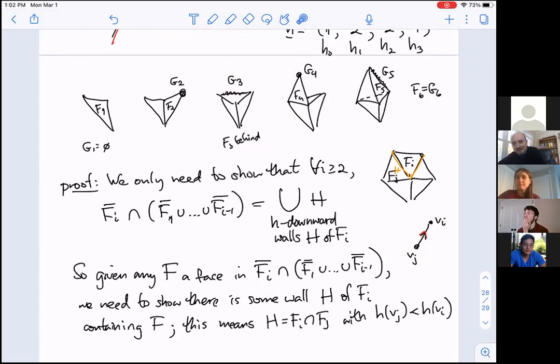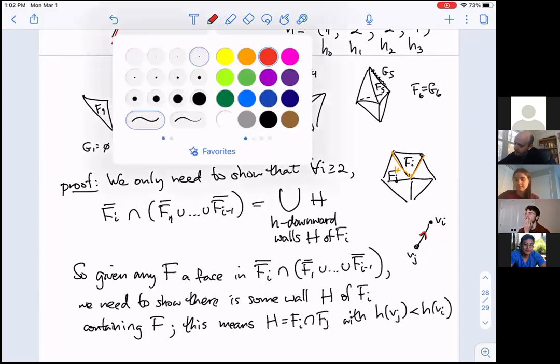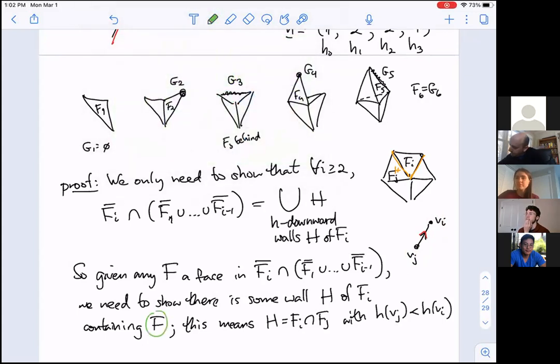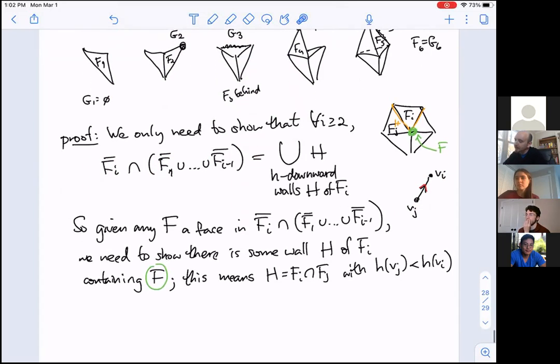Okay, everybody good? And so let's imagine that this F, I'm trying to show you, maybe I should name the F somewhere. F, I'm going to say, maybe is this vertex right here. So F is supposed to be some face that was in Fi intersected with the previous stuff. Maybe it's this green F here. Okay, that's what it takes to show this.